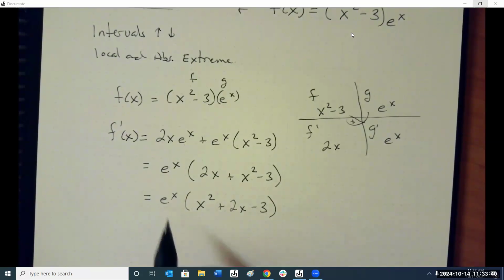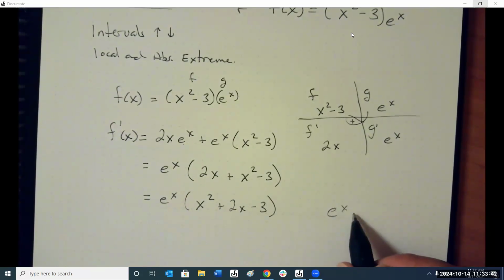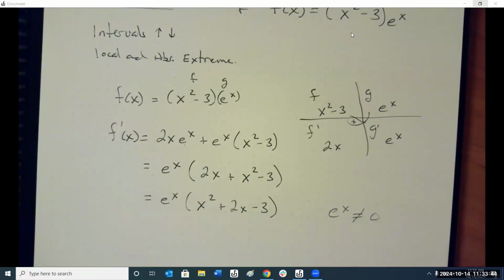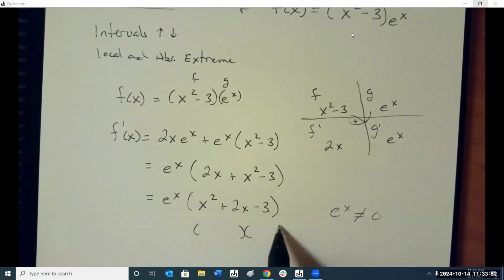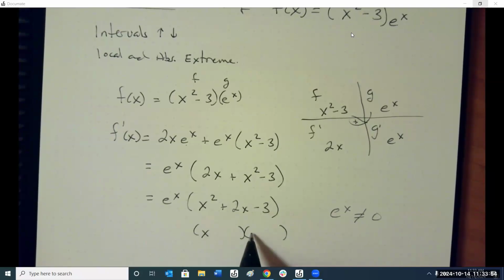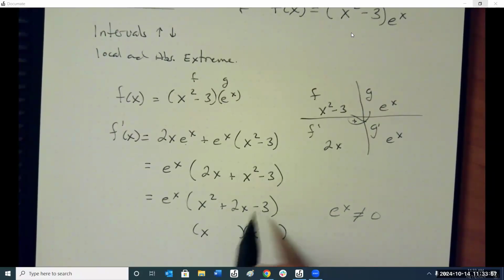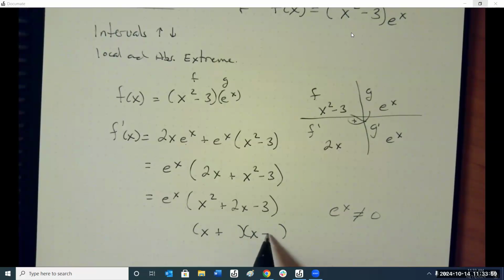The e to the x can never equal 0, so all I have to do is worry about the quadratic. If we factor it, the second sign is a minus, so they're opposite signs.